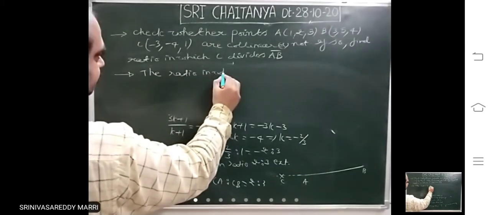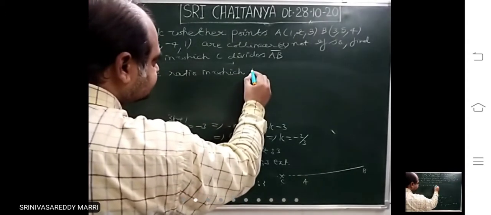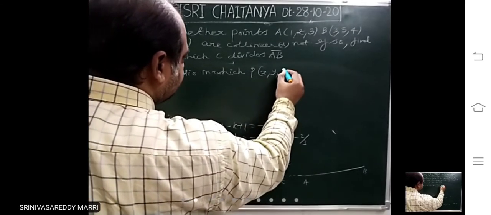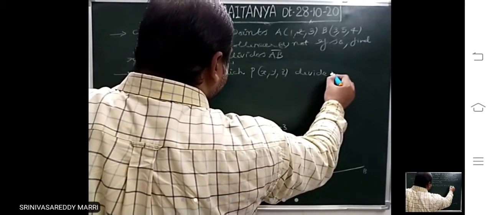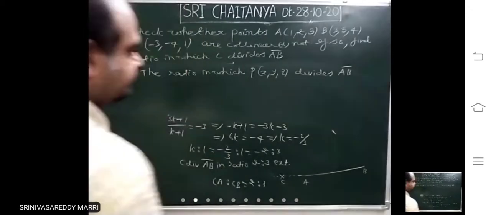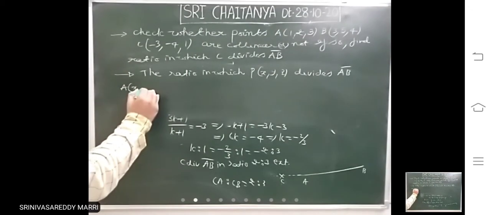The ratio in which a point x, y, z divides AB bar, where A and B are 2 points.